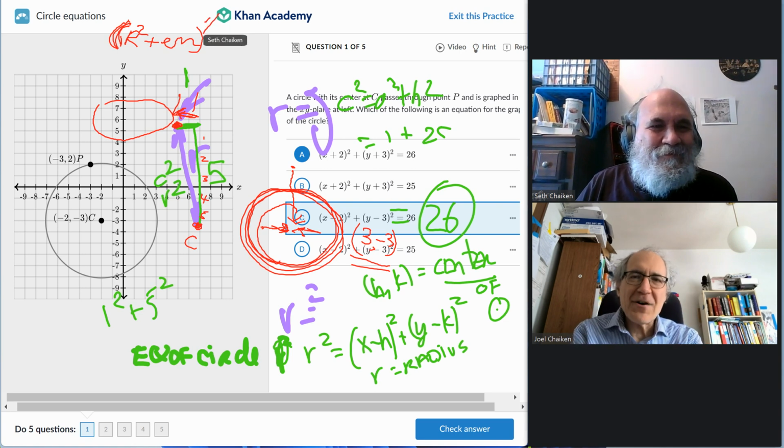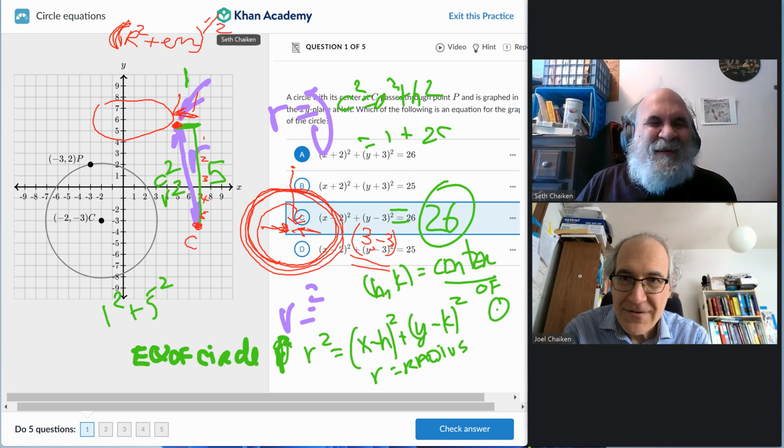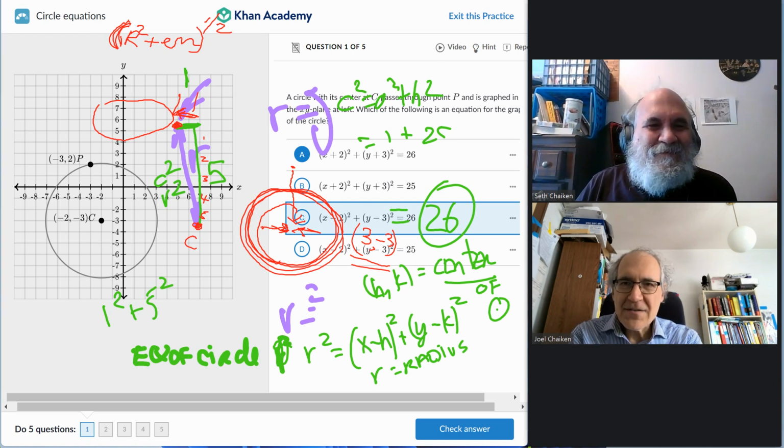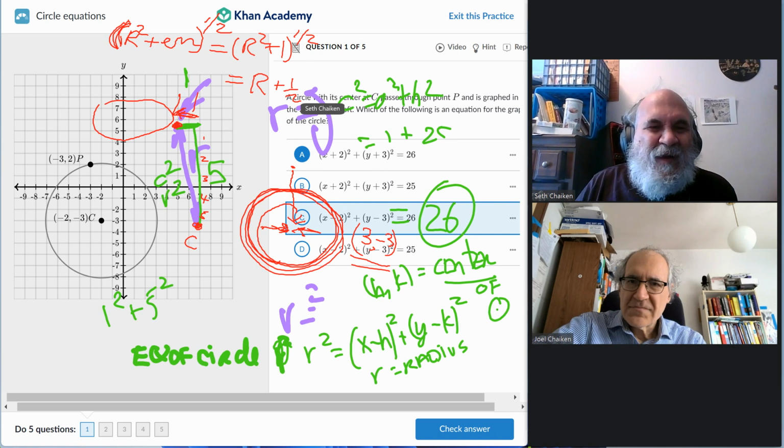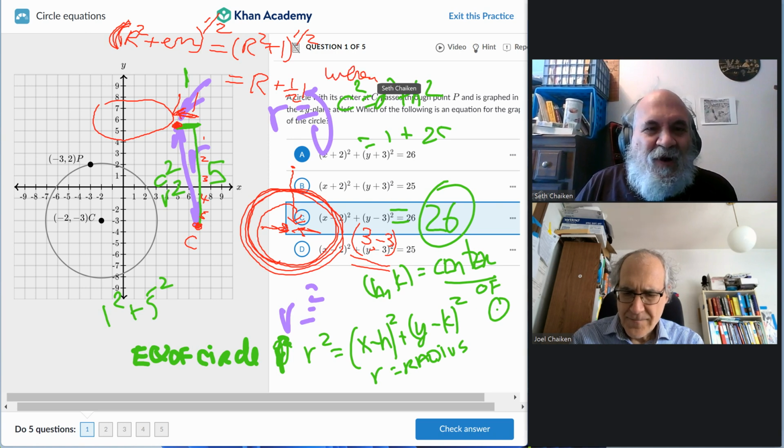Fine. Okay, I'm dying to know. The square root of r squared plus the error is approximately r plus a half of 1, when r is much, much bigger than 1.